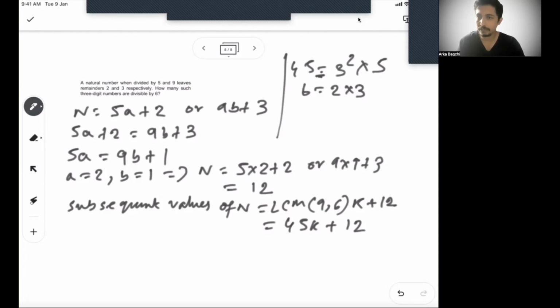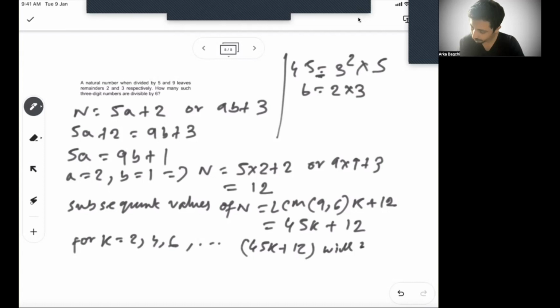12 is always divisible by 6. So there is no doubt there. But k has to be an even number so that 45k becomes an even number which is divisible by 6. So for k equal to 2, 4, 6, and so on, 45k plus 12 will be divisible by 6, right?